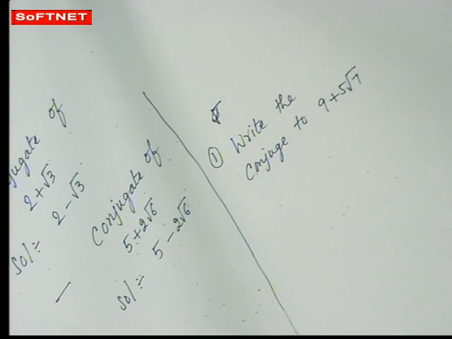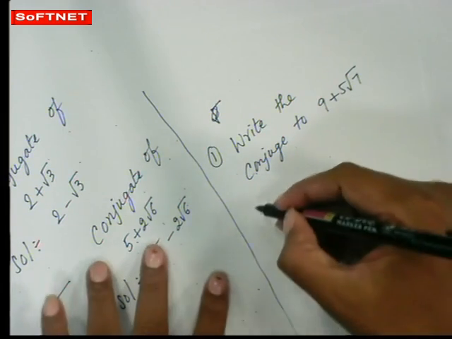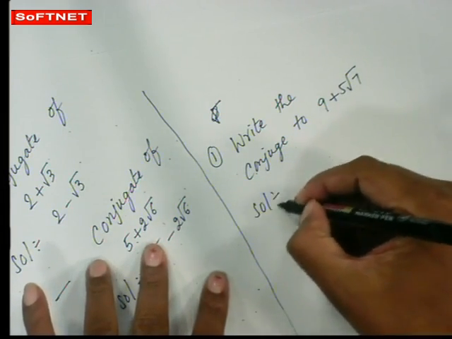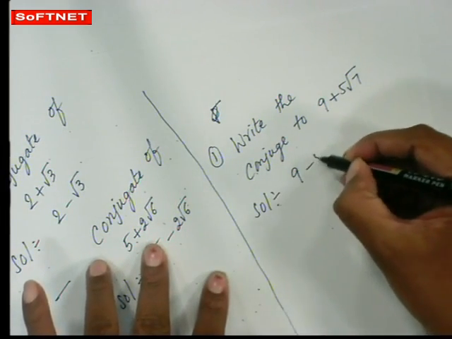What is the conjugate surd for 9 plus 5 root 7? In the examination, options may be given. One of the options may be 9 minus 5 root 7 only. So it is obvious that the answer is 9 minus 5 root 7.